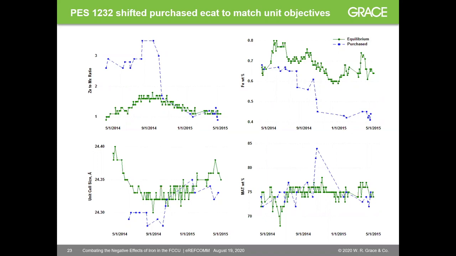PES changed their purchased Ecat catalyst selection to more closely match the bulk Ecat ZSA to MSA ratio in order to optimize bottoms cracking in the resid operation. In the same way, the zeolite unit cell size was brought in line to reflect the desired hydrogen transfer characteristics. The iron on purchased Ecat was reduced in line with minimizing the overall iron on the Ecat in the inventory.